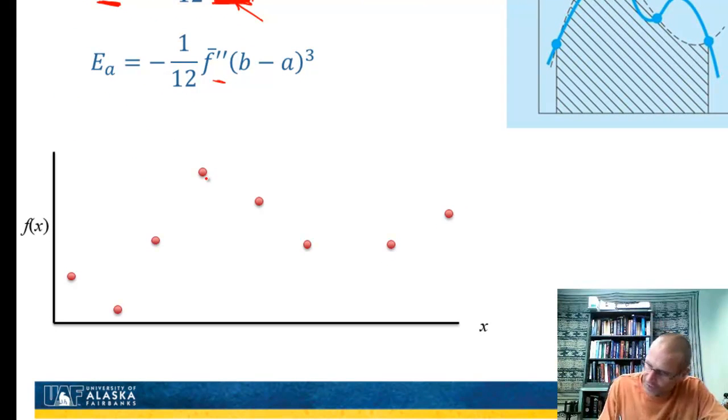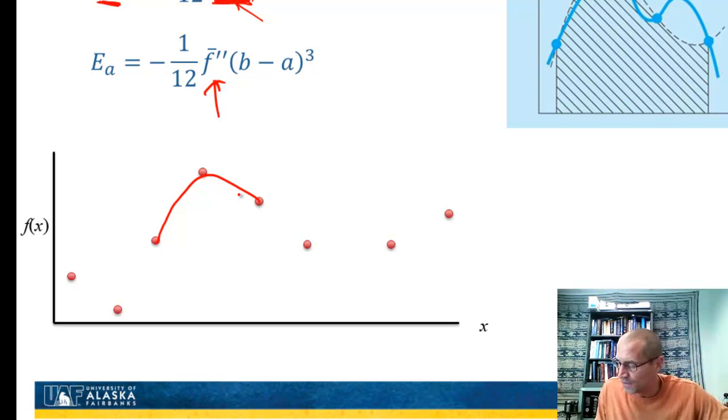Let's look at these 3 points right over here, and imagine that I had fit a parabola between them and I wanted to get some idea of what the approximate error was. Well, I need the second order derivative, and to get it I can do a simple estimate of the numeric derivative.